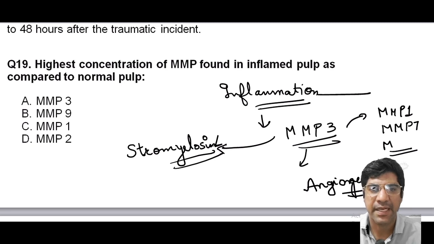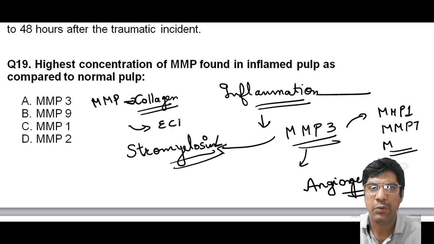For example, take a patient with irreversible pulpitis in a tooth. Inflammation in the pulp has caused damage and the tissue needs to heal. Here MMP3 plays a crucial role. MMP3 will break down collagen in the inflamed area, leading to changes in the extracellular matrix.